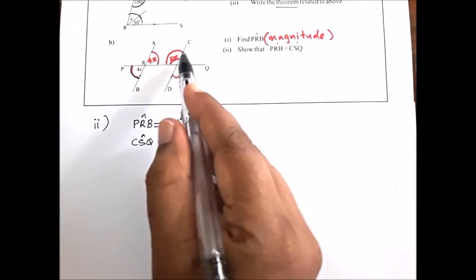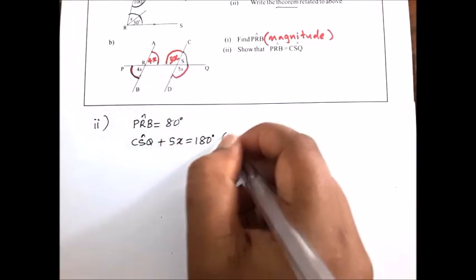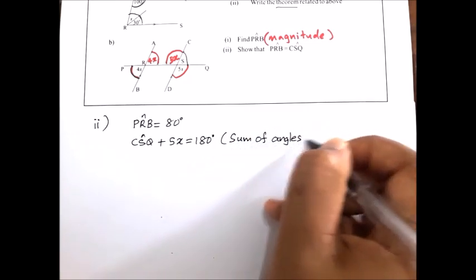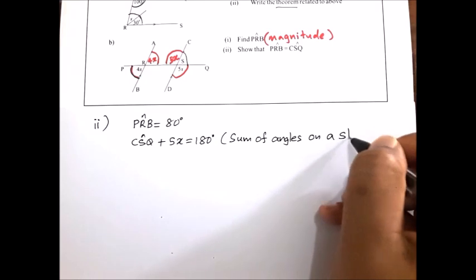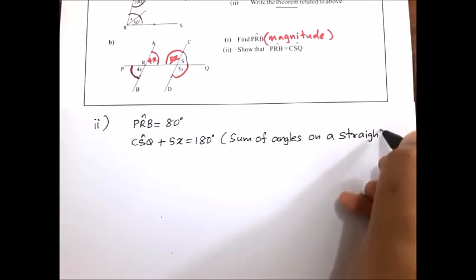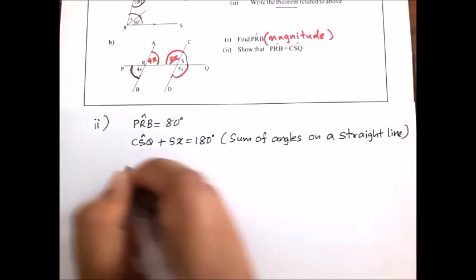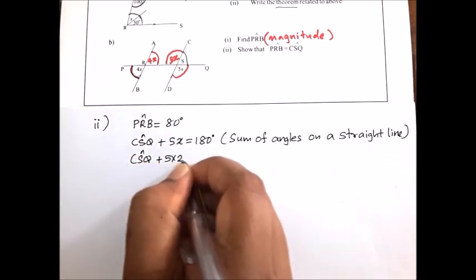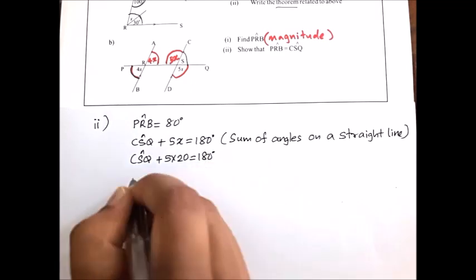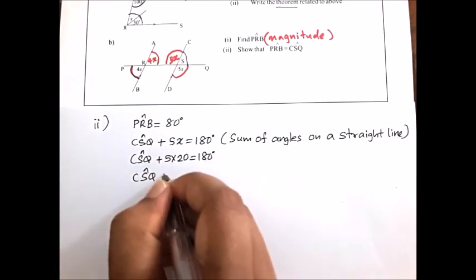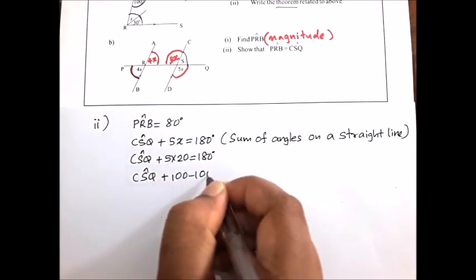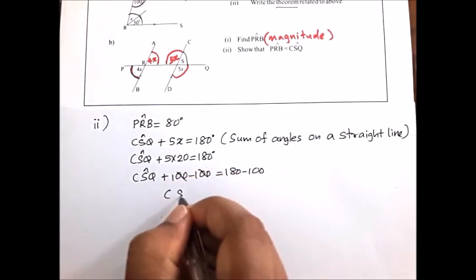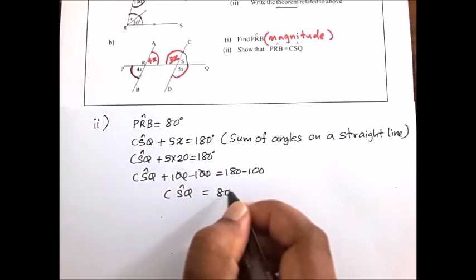Reason is sum of angles on a straight line CD. x is 20 degrees. 5 multiplied by 20, 100. Subtract 100 from both sides. 100 cancel. CSQ equals 80 degrees.